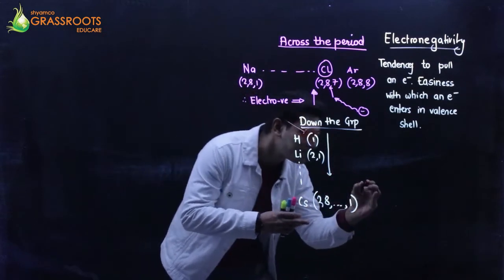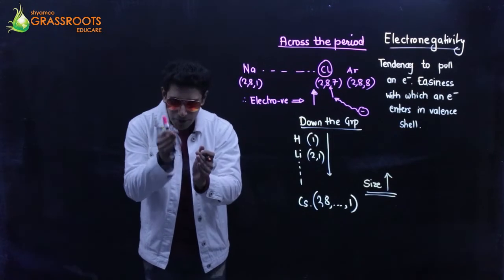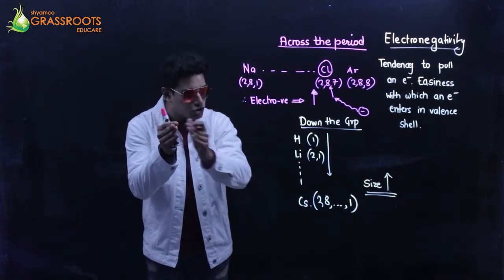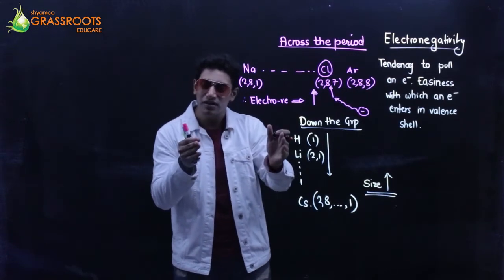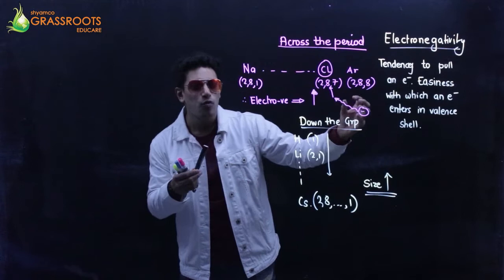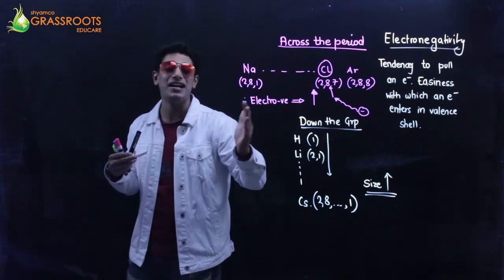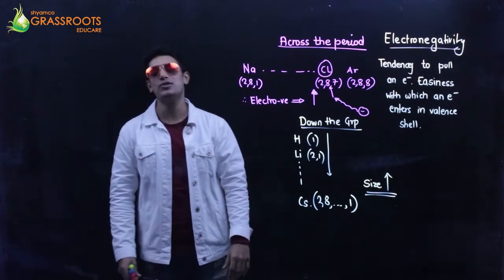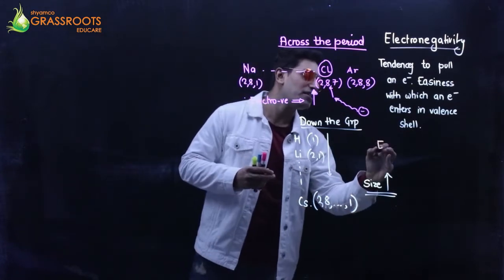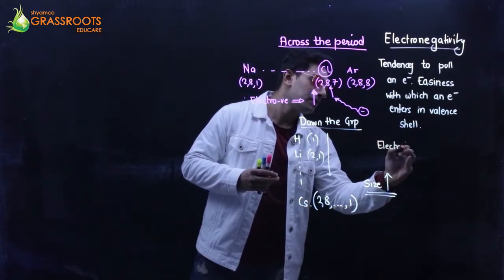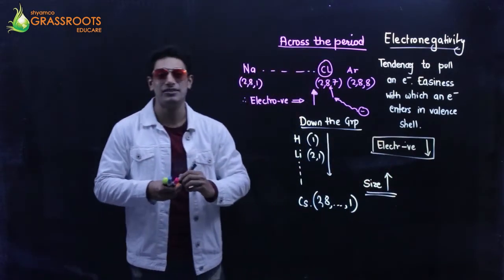Yes, but since the atomic size increases, the distance between the mother nucleus and the outermost shell is more. If the radius is more, can I say that the electron will not be much attracted, much pulled by the mother because of the high distance? So I can say down the group, the pulling power decreases. So electronegativity down the group decreases and across the period increases.